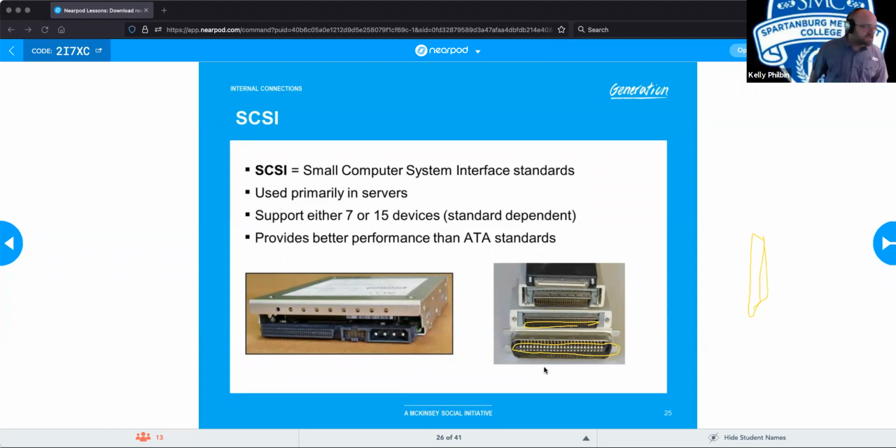And SCSI is typically an internal only connection, inside a computer only. Questions with regards to SCSI connectors, Small Computer System Interface Standards, or SCSI.